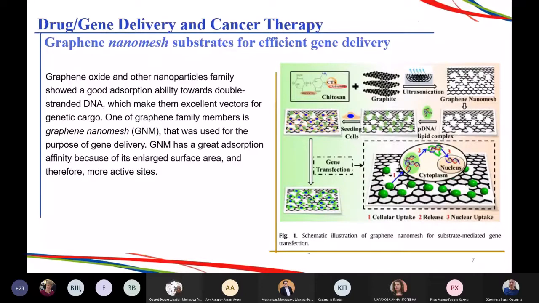So graphene oxide and the other nanoparticles family showed a good adsorption ability towards double-stranded DNA, which makes them excellent vectors for genetic cargo. One of the graphene family members is graphene nanomesh, which was used for the purpose of gene delivery. Graphene nanomesh has a great adsorption affinity because of its enlarged surface area and therefore more active sites.